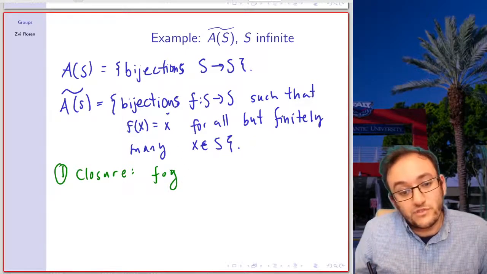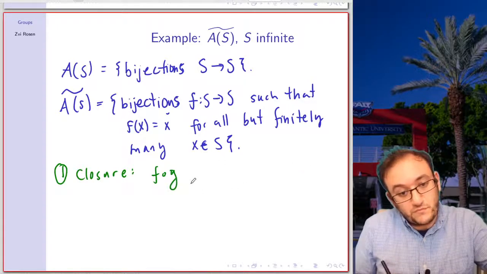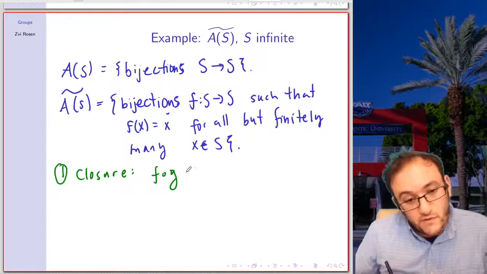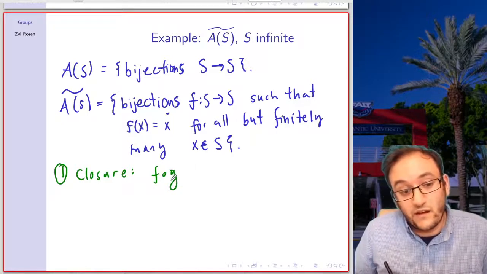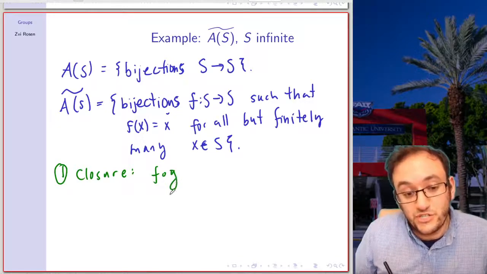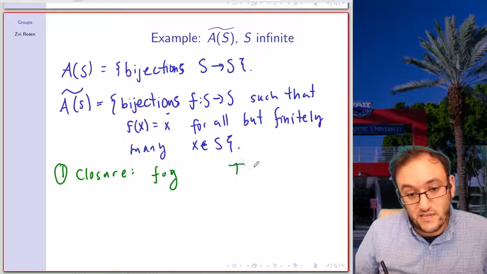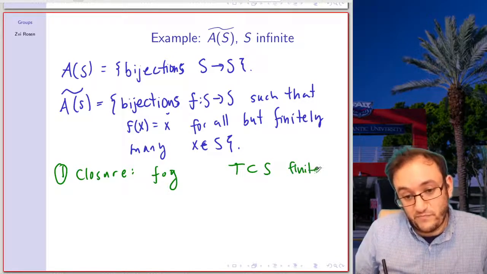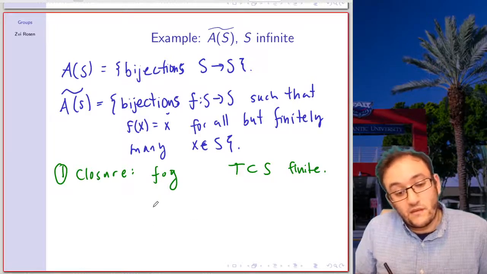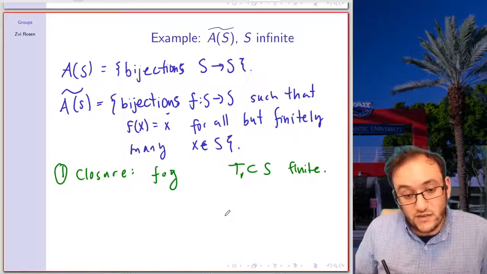So if we have the closure F composed with G, we can consider the subset of elements of X where G is not the identity. So that's T in S, where T is a finite set. Let's call this T1 actually.